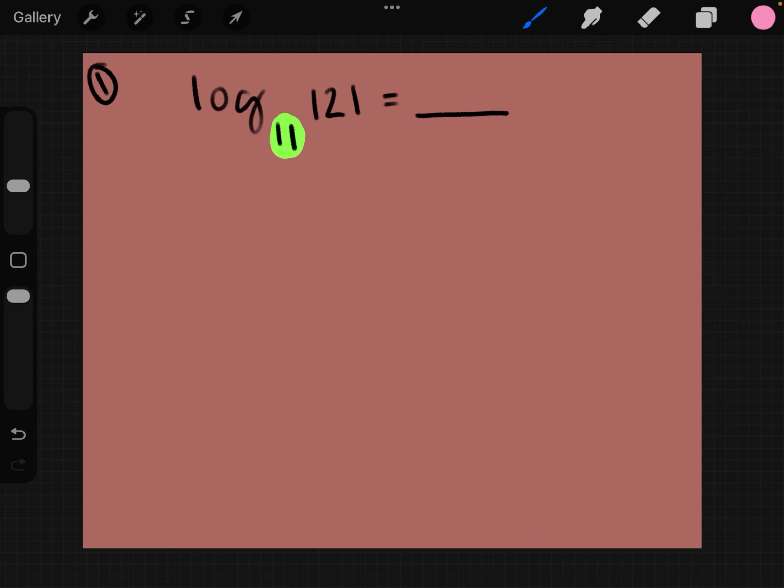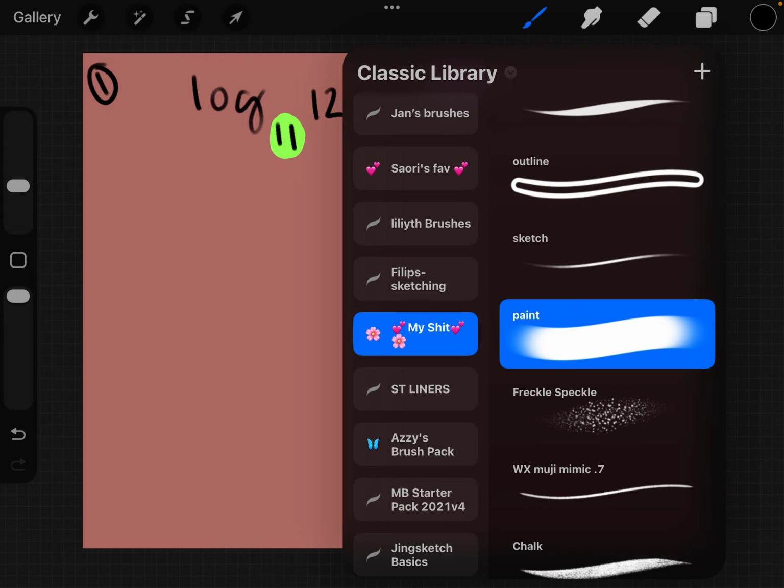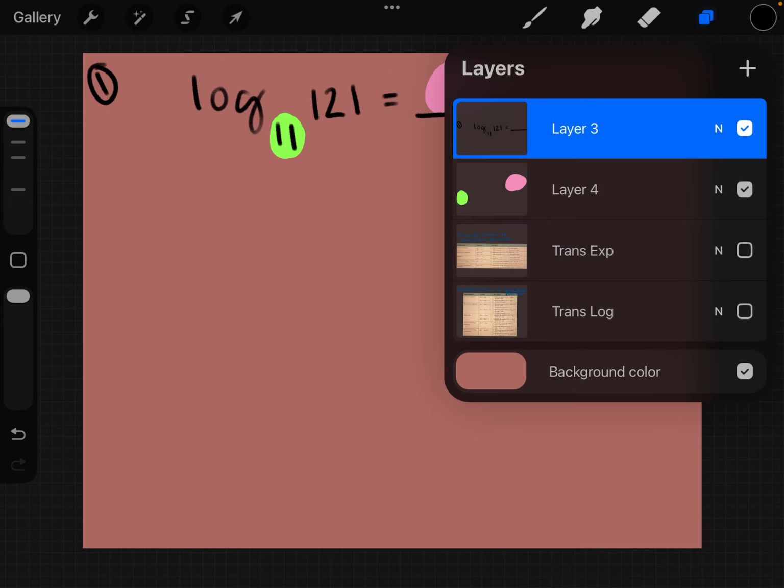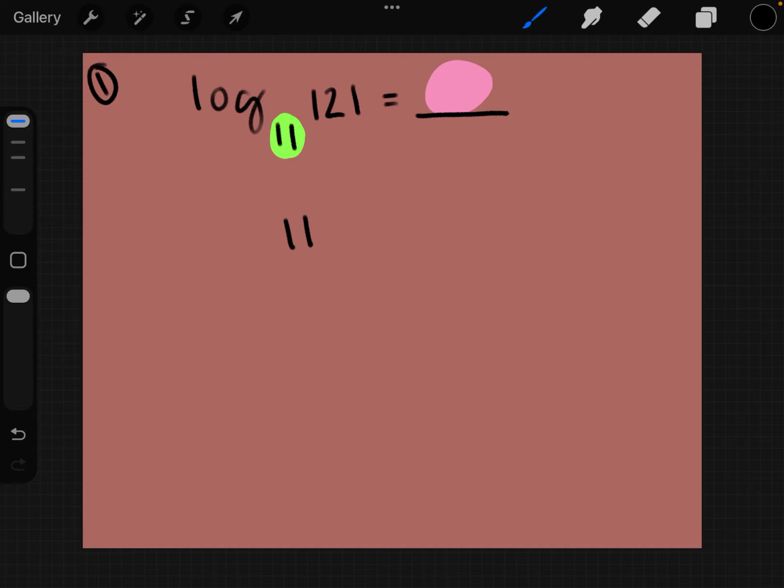And whatever it's equal to is our exponent. So when we rewrite it in exponential form, it looks like this. If you don't know, 11 squared is 121. So the answer is 2.